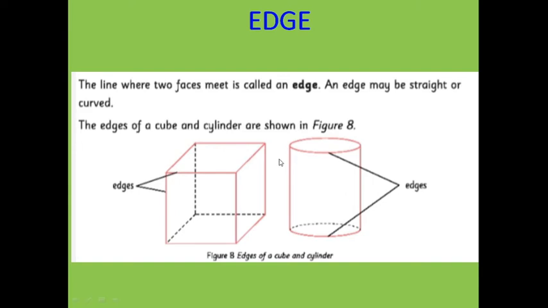This is straight and this is a curved edge. What is the edge? The line where two faces meet. This is one flat surface and this side is another flat surface. They meet to form an edge.